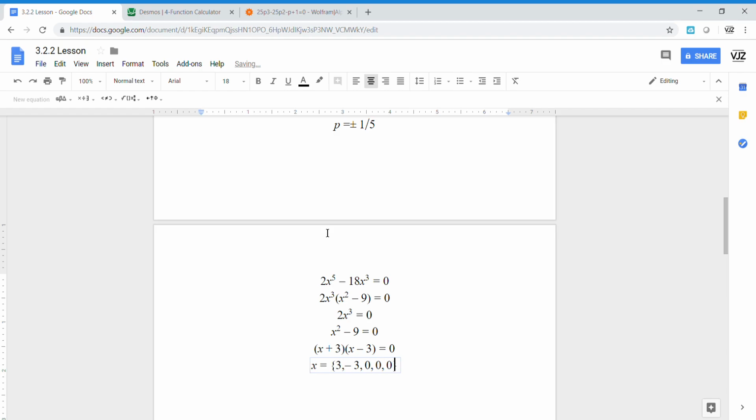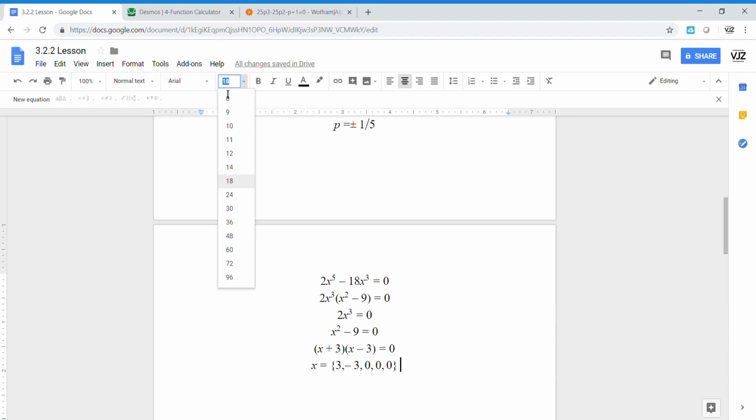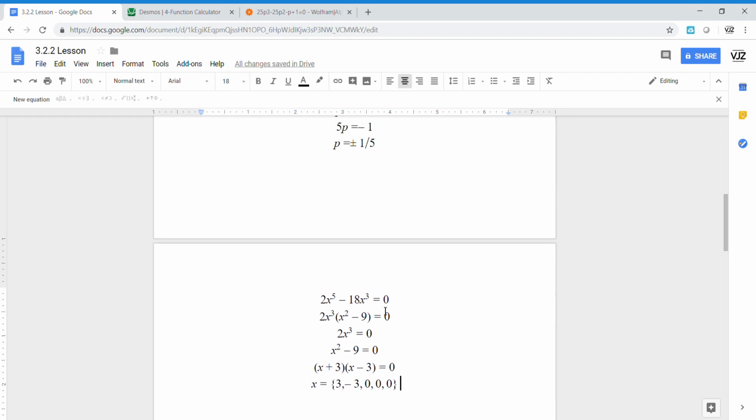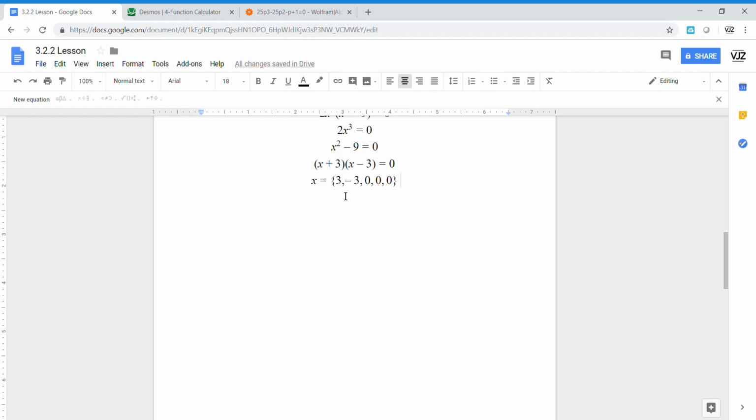Now that's why we have 3 zeros here. Because in the quintic equation, how many solutions do we have? I'm gonna make it big and bold. We have 5. Okay? So, if you don't include the 3 zeros, that's only 2 solutions, which is bad. So, here are the 5 solutions. 1, 2, 3, 4, 5.